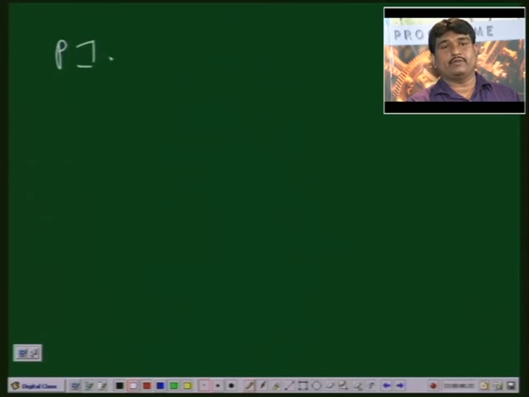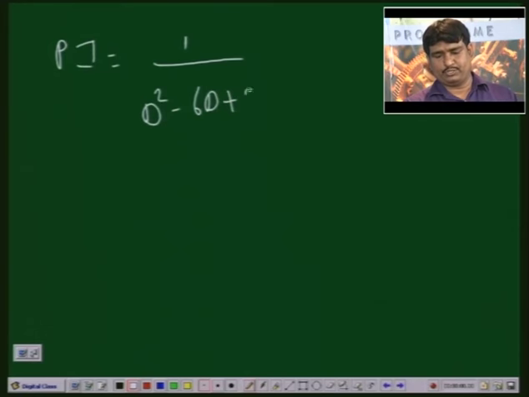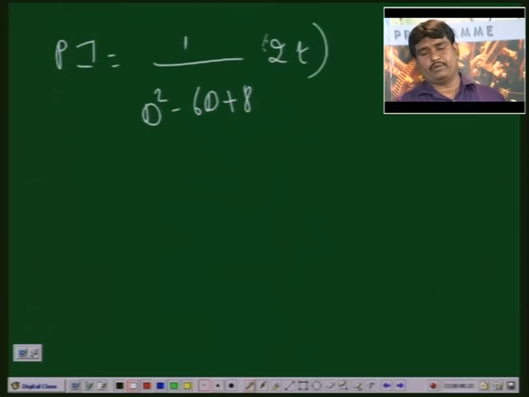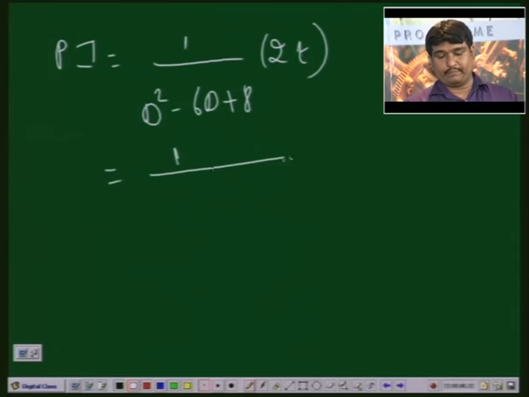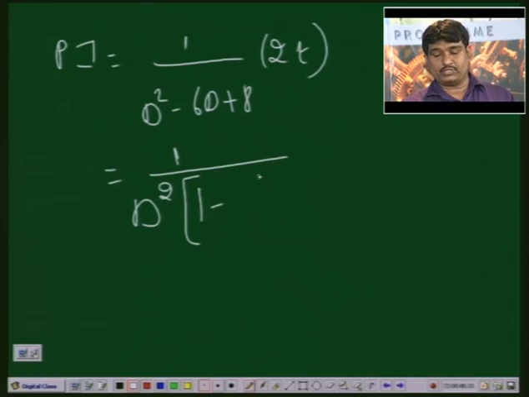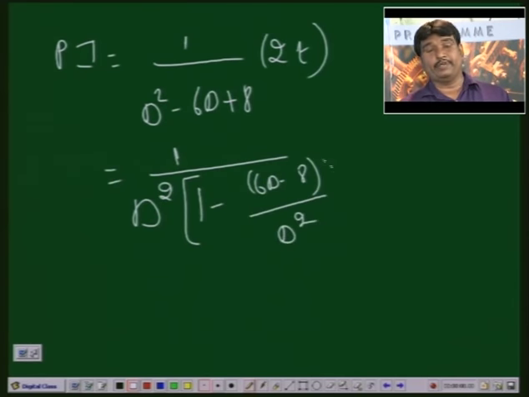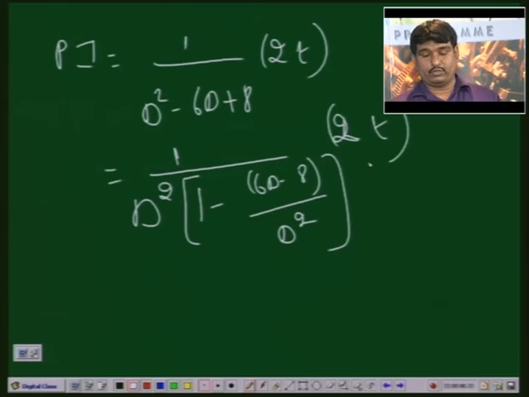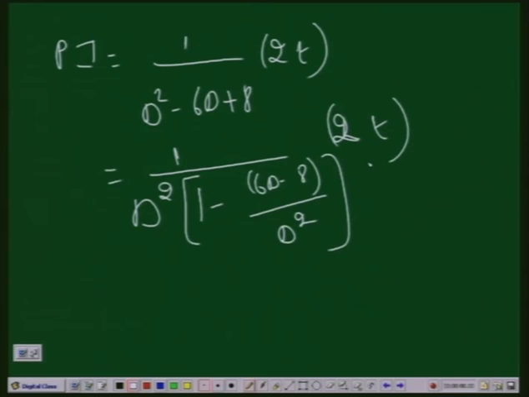Pi is 1 by d square minus 6d plus 8, assume some operator operating on 2t. Instead of taking 8 common, if I take d square common, what happens? D square into 1 minus 6d minus 8 divided by d square operating on 2t.